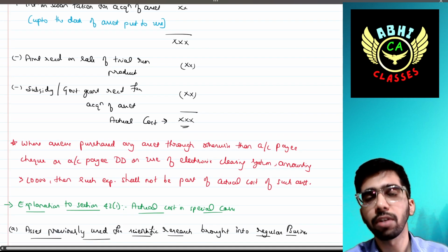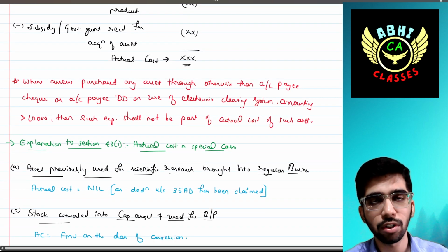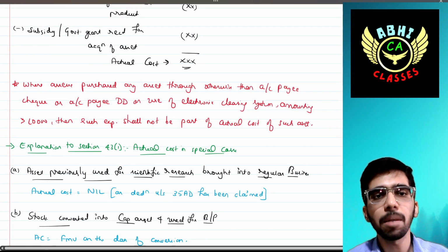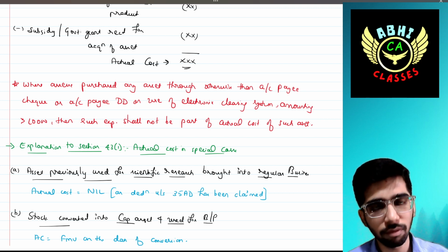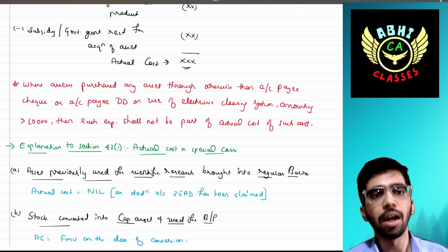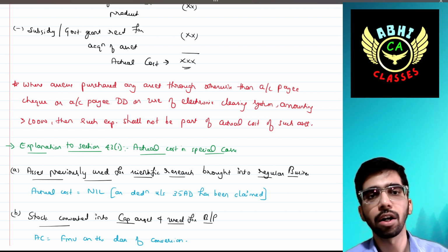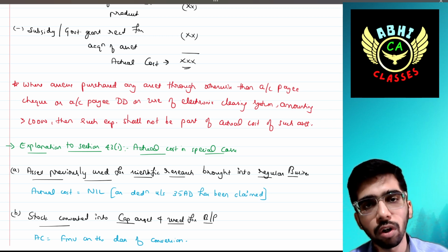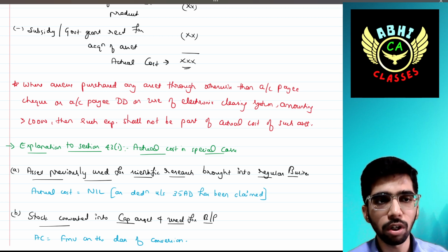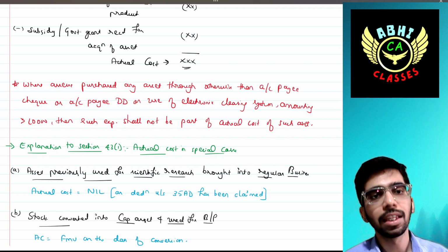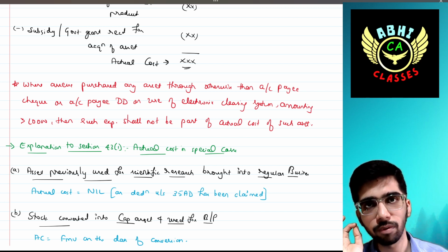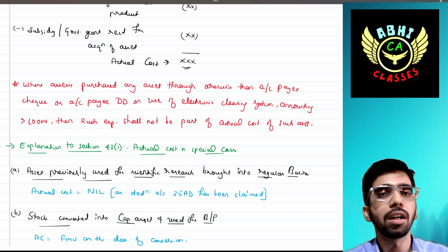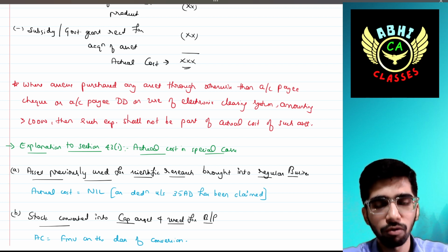Okay, to arrive at the final actual cost under section 43(1), this is a very crucial point. Where an assessee purchased any asset otherwise than through account payee cheque, account payee demand draft, or use of electronic clearing system, amounting to more than 10,000, then such expenditure would not be a part of your cost of asset. I will explain in brief once again.